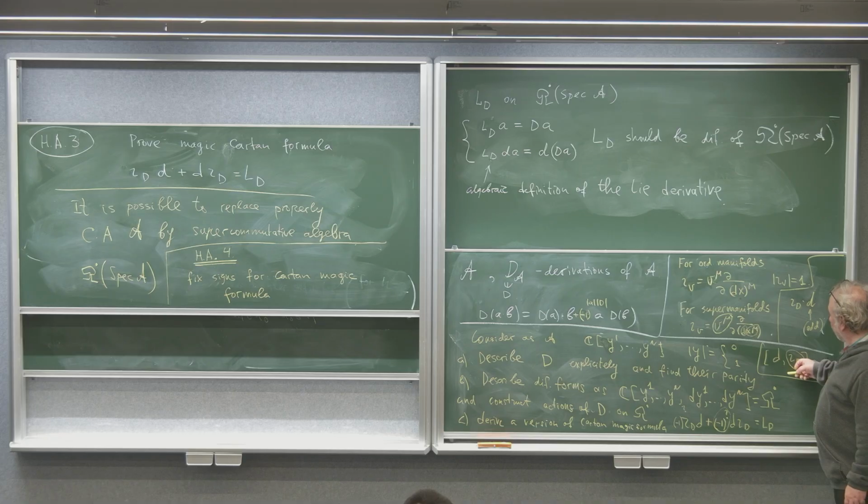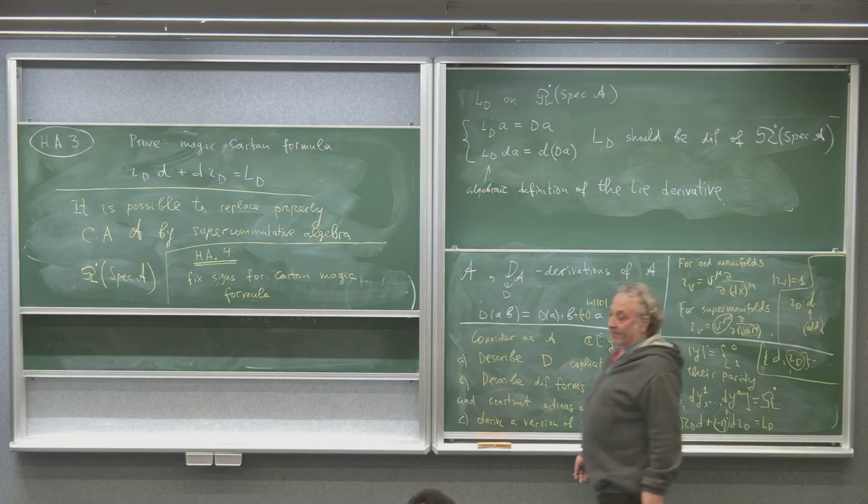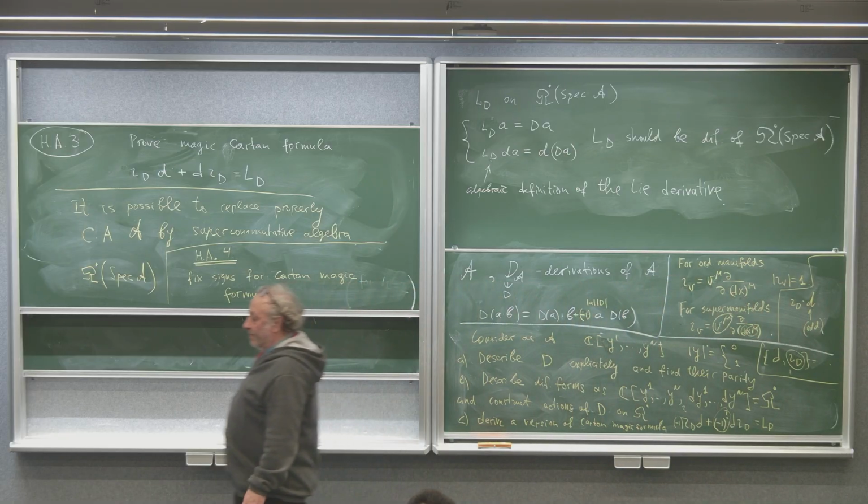In the commutative case, the parity here is 1. That's why here we have a commutator. But if D has a parity, we should have a change in parity. So I give you this as an exercise.